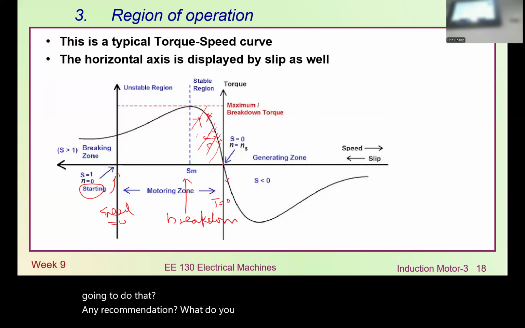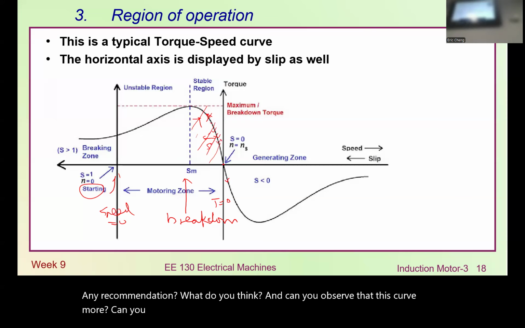And can you observe this curve? What can you see? What can you do to make it happen? Our synchronous speed would be lower than our rotor speed.